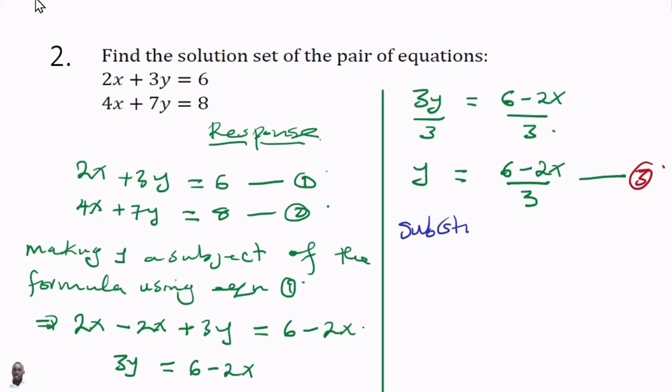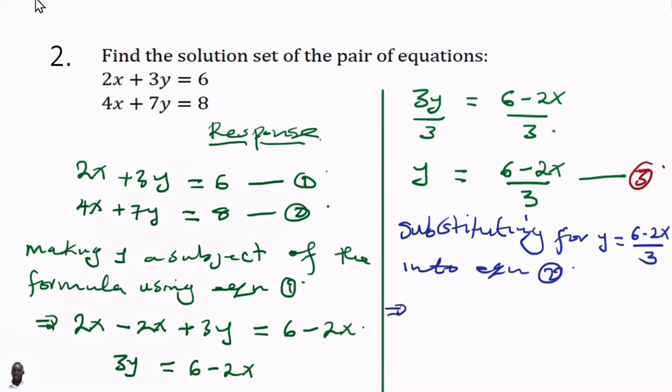Then from here, the next step, we are going to substitute y equals (6 minus 2x) divided by 3 into the other equation, which is equation 2, implying that we are going to have 4x plus 7y, but our y is (6 minus 2x) divided by 3, equals 8. So we have 4x plus 7 into (6 minus 2x) divided by 3, the whole of it equals 8.